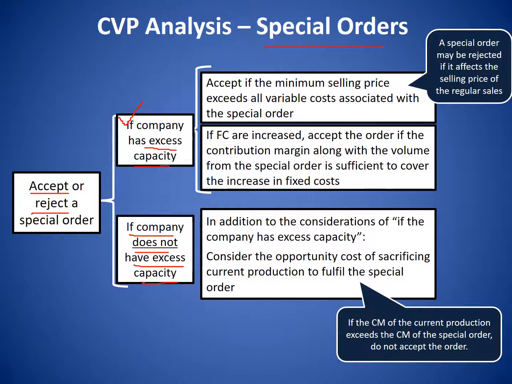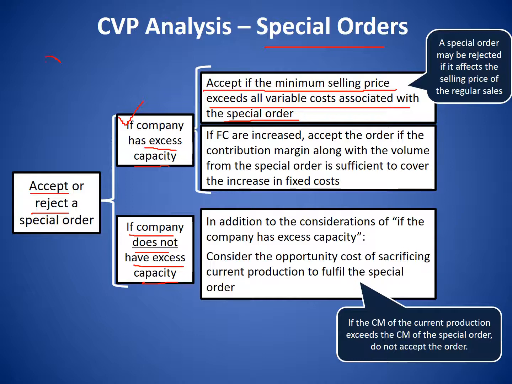So let's go back up to the top, if a company has excess capacity. The general rule is we will accept that special order if the minimum selling price exceeds all the variable costs associated with that special order. And remember, we can actually calculate that.